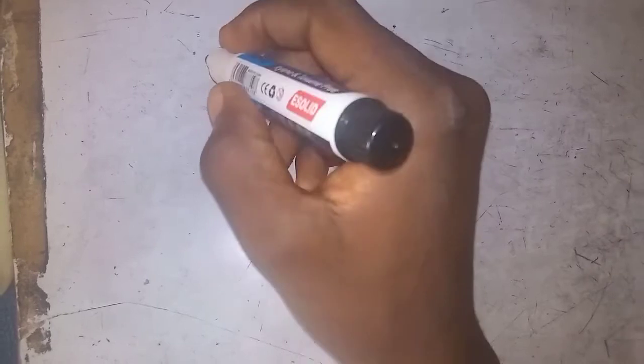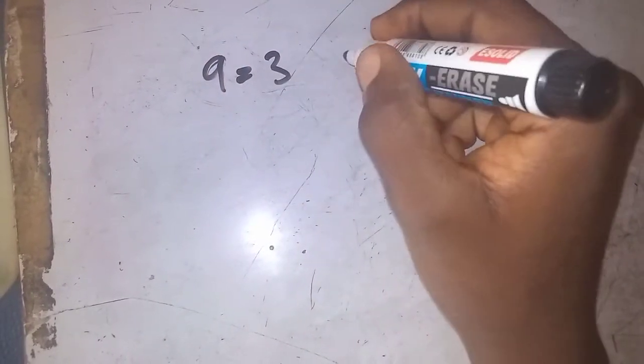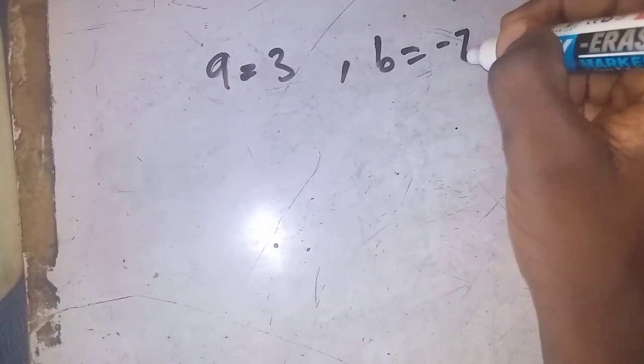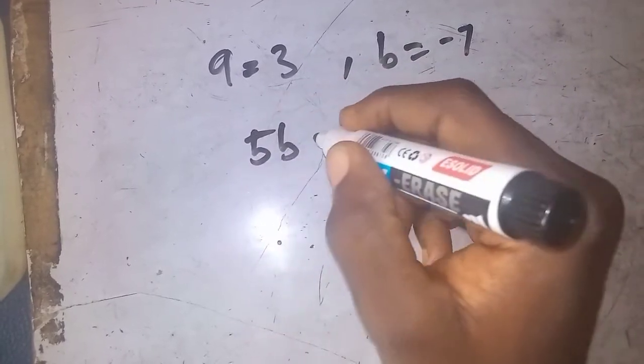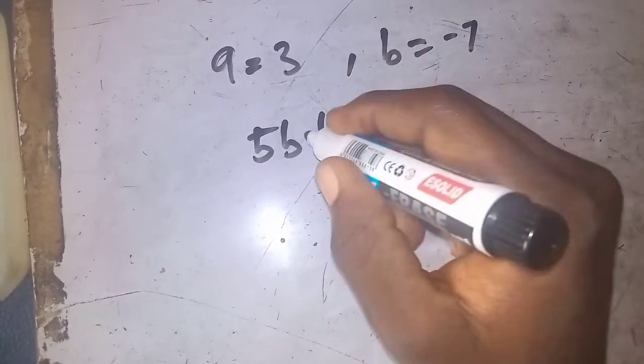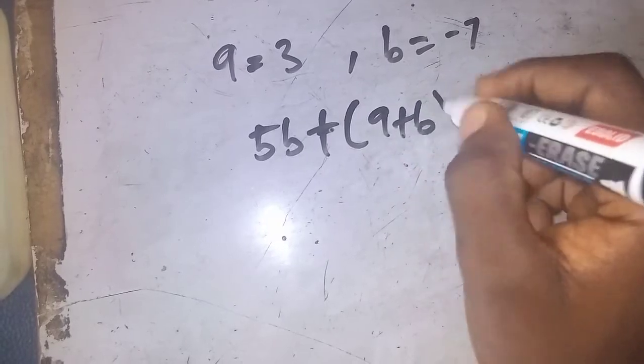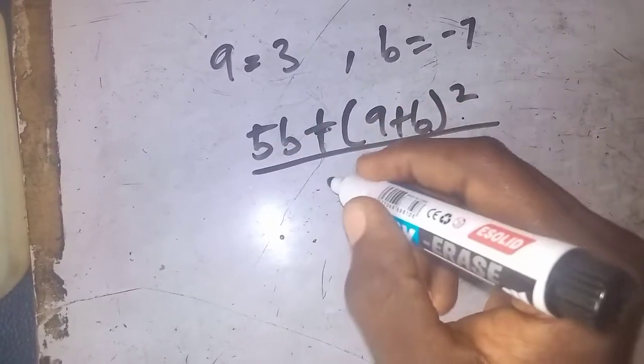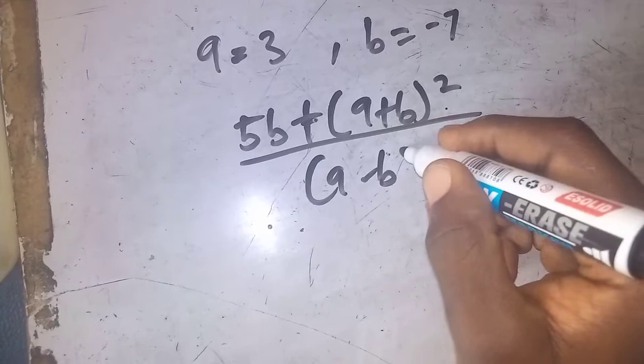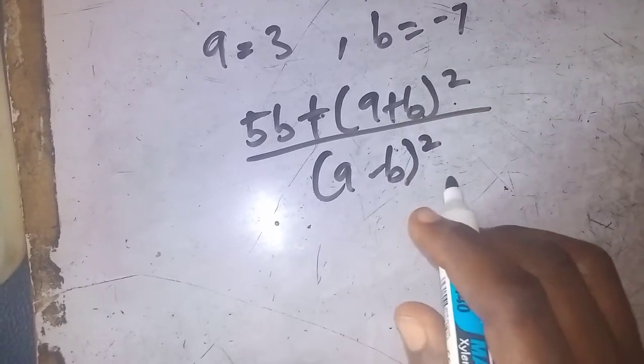Now, the next question says if a is 3, b equals minus 7, find the value of 5b plus, open brackets, a plus b squared over a minus b squared. Easy and steady.